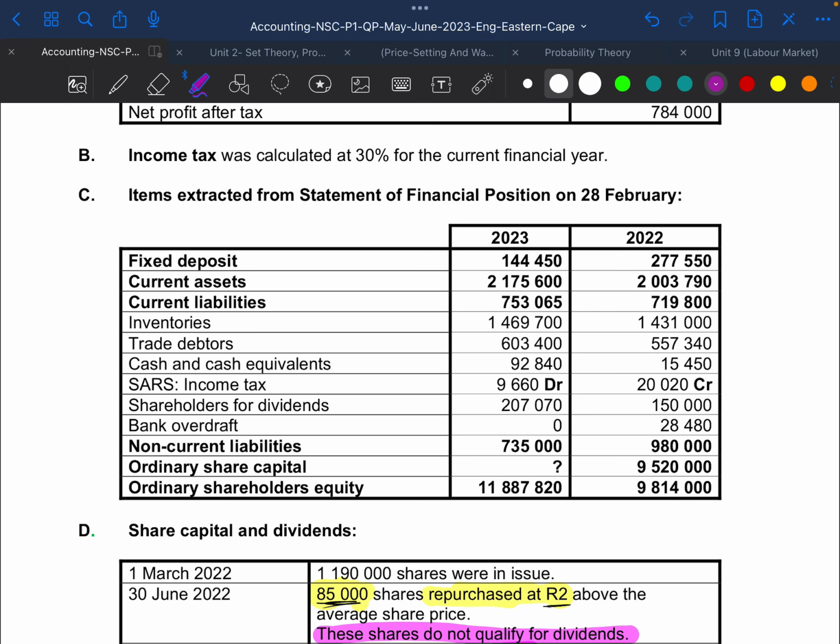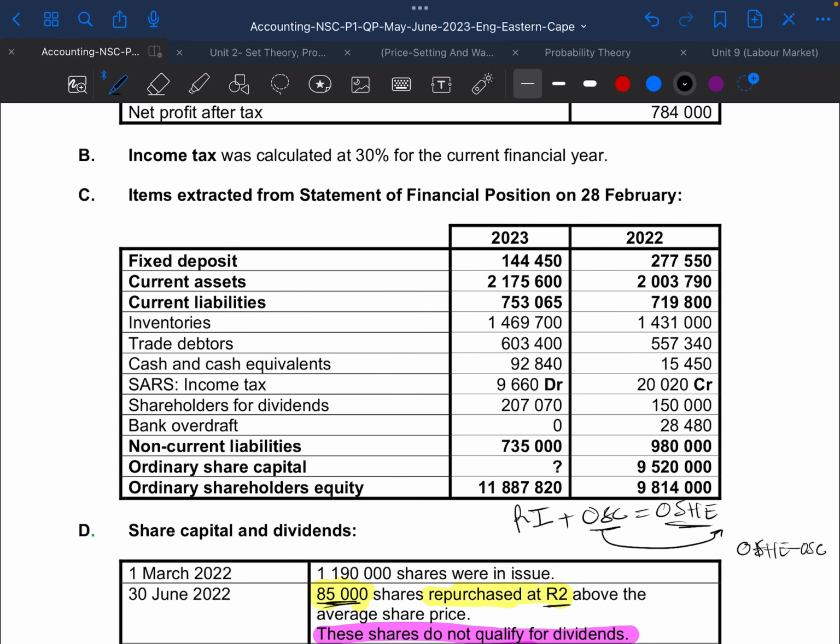So if we just remove our ordinary share capital from the ordinary shareholders equity, that is when we would be able to get our retained income. Okay, remember, retained income plus ordinary share capital is equal to ordinary shareholders equity. So we are given this and this. So if we take this, get it to this side, so it's just gonna be OSHE minus OSC.